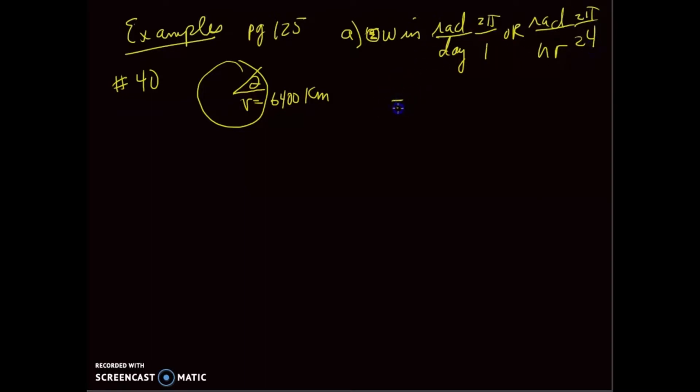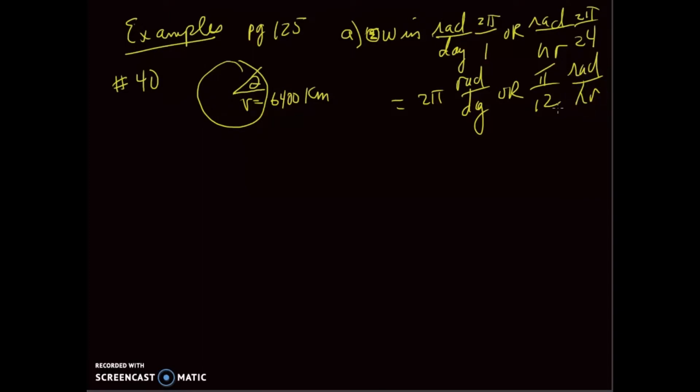Well, this first one certainly is just 2 pi radians per day. But we can reduce this next one: pi over 12 radians per hour.